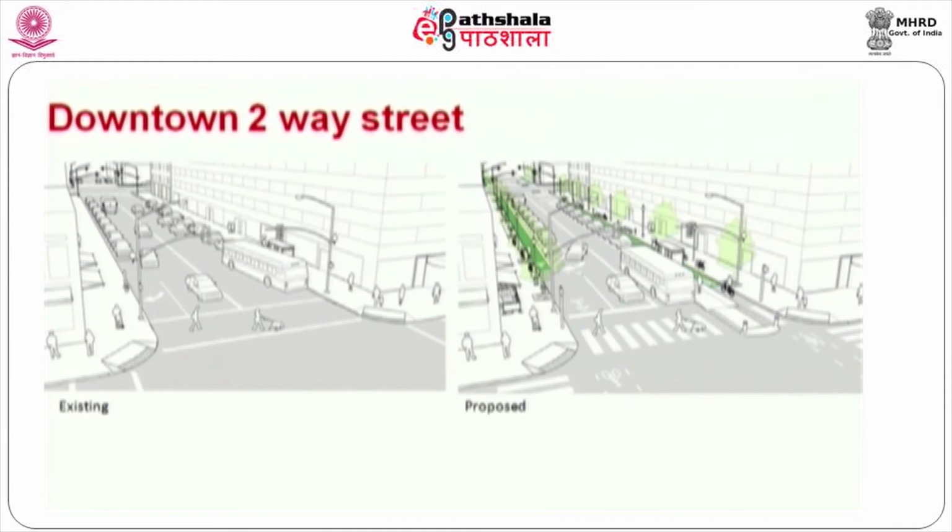So here is an example of an existing and proposed downtown two-way street. In a two-way street, the width is anywhere between 18 to 30 meters, because the height of the buildings is also in reciprocation to the width of the roads abutting them.